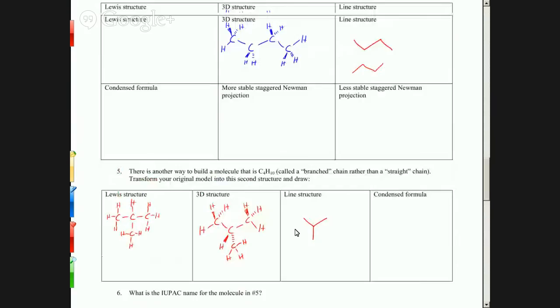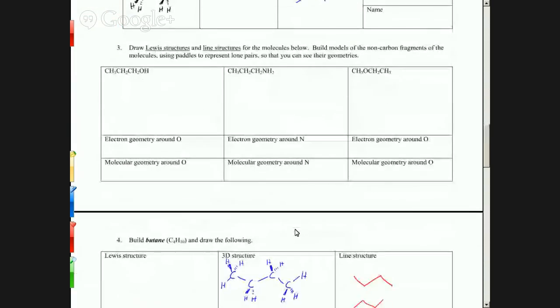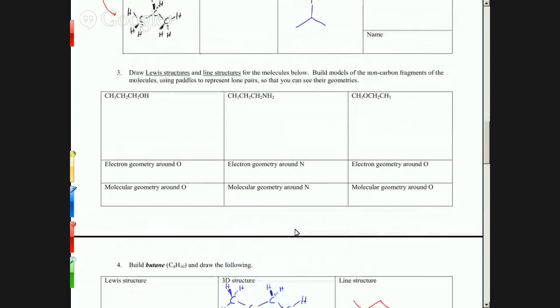So we'll go back up to these 3 structures here, and we're going to draw line structures. If you want to draw the Lewis structure first to get it, or at least the carbons with C's and the other stuff, please do.